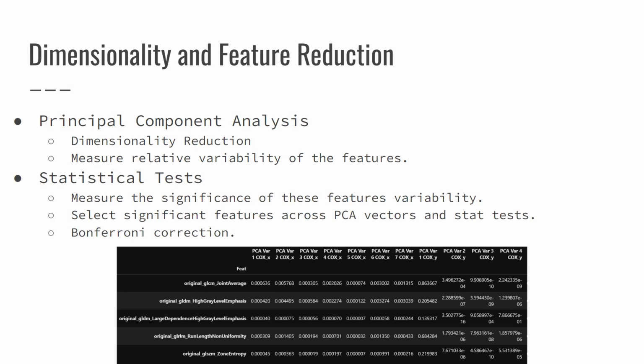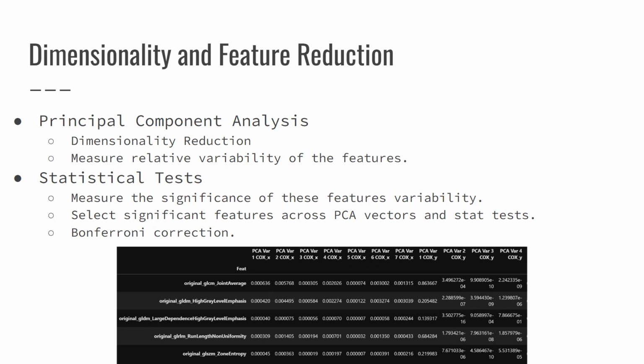Now that we have that data, we can then put these PCA vectors in accordance with each feature and compare it to the data before we actually reduce their dimensionality, and measure for significance in various statistical tests such as Pearson correlation and Wilcoxon signed rank test. Why do we put in statistical tests? Well, we want the p-values from those tests to determine how significant the features actually are.